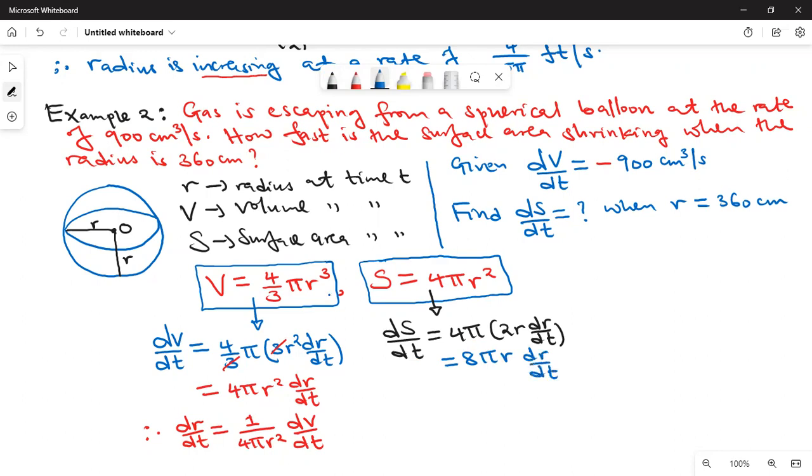Again, from here, you can just say, therefore, from this one, dr/dt is the same as 1 over 8 pi r times dS/dt.